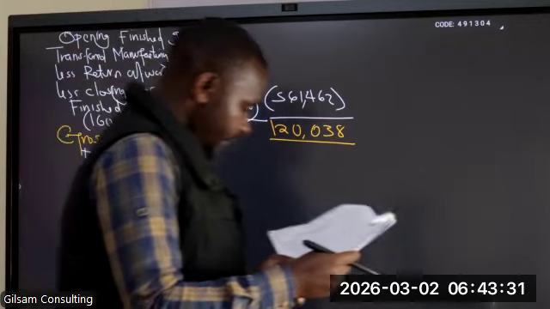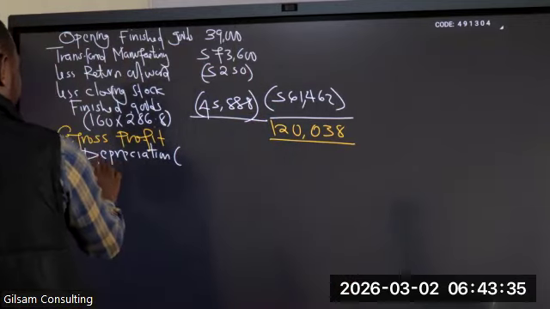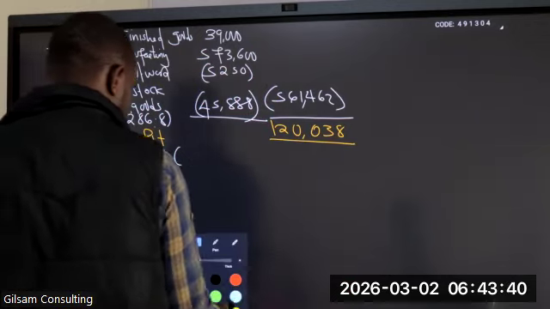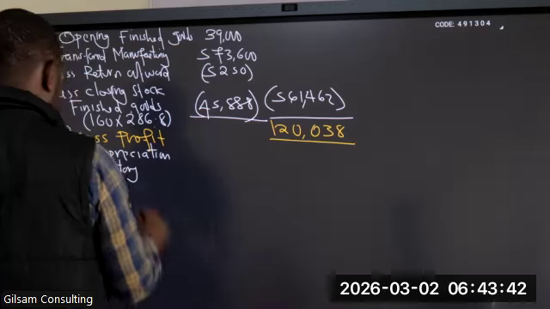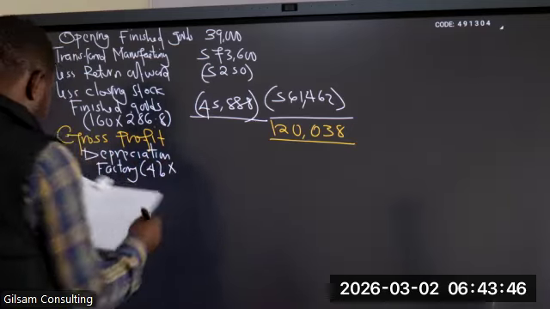Depreciation of the factory on a straight line, which is 4% of the cost of the factory building.